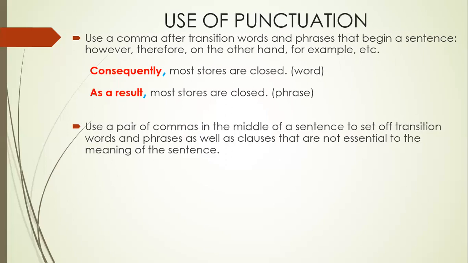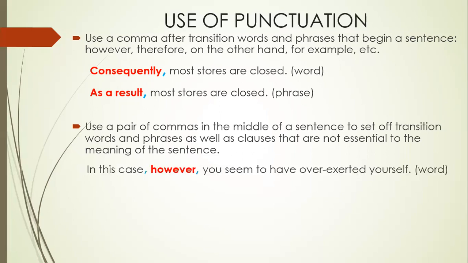Use a pair of commas in the middle of a sentence to set off transition words or phrases, as well as clauses that are not essential to the meaning of the sentence. Keep one thing in your mind: if transition words or phrases are used in the middle of a sentence, you have to mark a comma before and after that specific word.